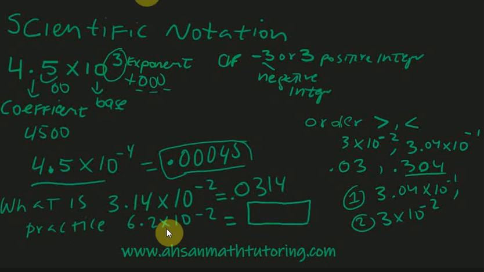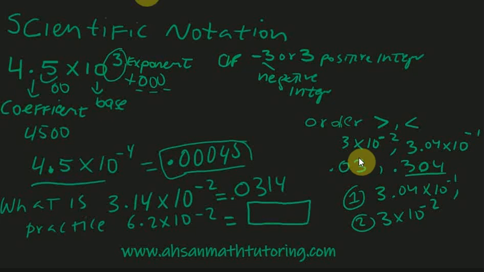Practice. 6.2 times 10 to the negative 2 equals what? This is your practice. Let's say you were given an ordering problem, let's say they ask you to order from greatest or least. They give you 3 times 10 to the negative 2, comma, 3.04 times 10 to the negative 1.